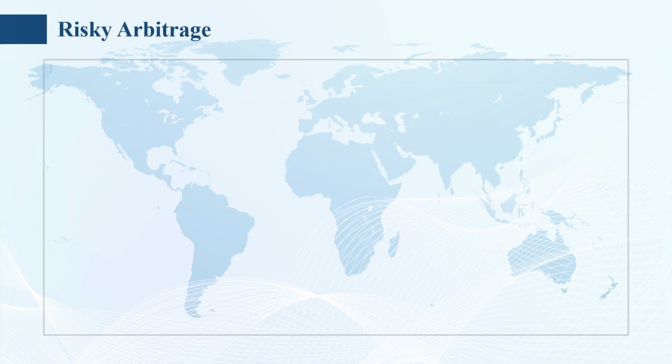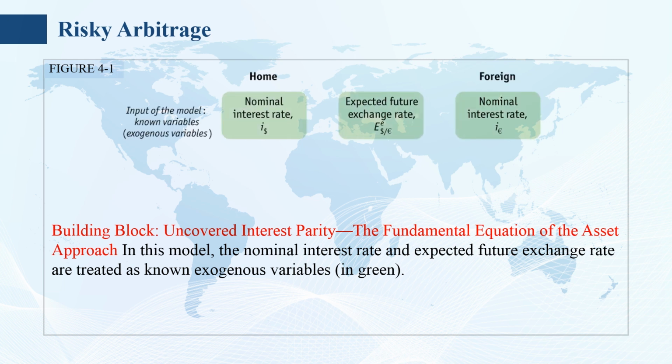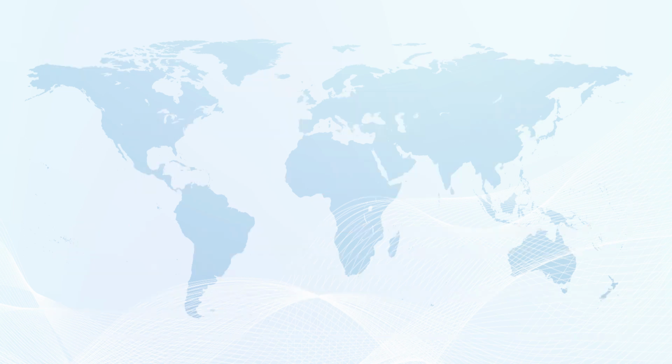In Figure 4.1, the nominal interest rates and expected future exchange rate are treated as exogenous variables in green. The model uses these variables to predict the unknown endogenous variable in red, the current spot exchange rate.